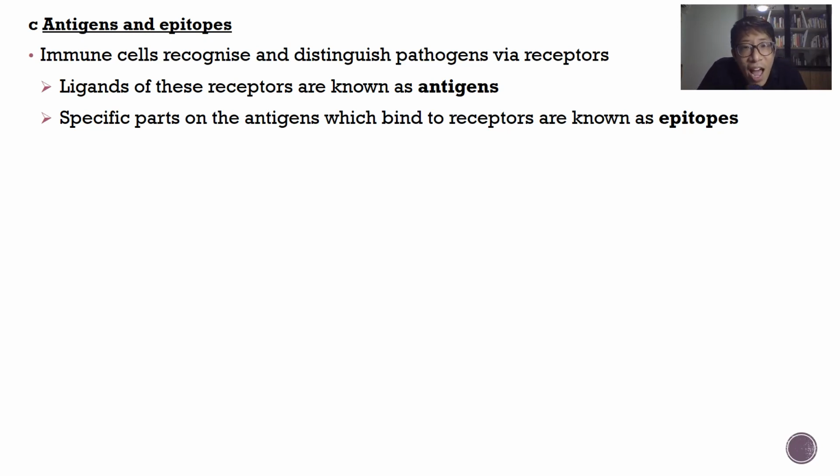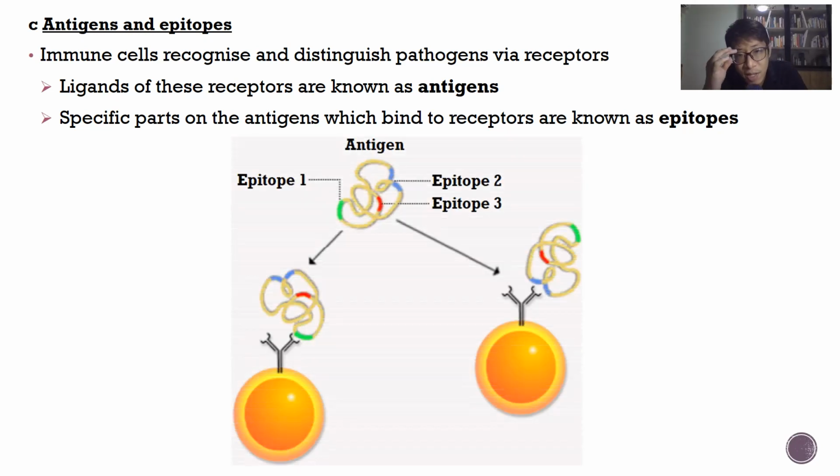The exact part of the antigen that the receptors on the immune cells bind to is known as an epitope. Let me give you a diagram to explain. Imagine that this is, say, a bacterial protein or toxin protein, for example. This will trigger the immune system. This is something that the immune cells here bind to. So this is called an antigen. But on this antigen, there are 3 different epitopes.